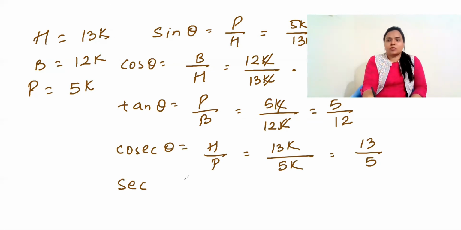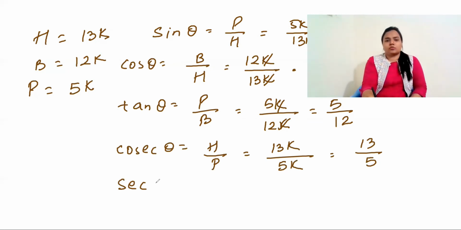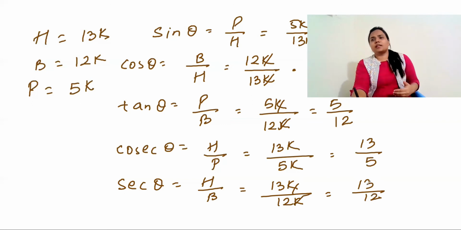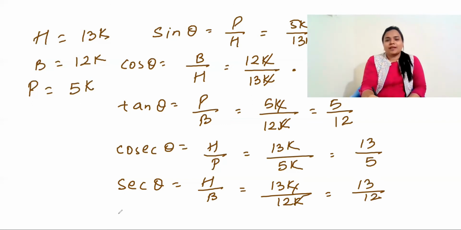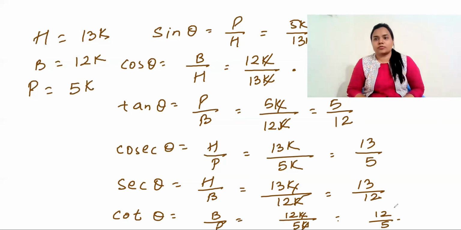Sec theta is H by B, 13k by 12k, which was already given in the question, but as you're writing all the T ratios, why leave sec theta? Then the last is cot theta, B by P, that is equal to 12k by 5k, which is 12 by 5. So these are all the trigonometric ratios.